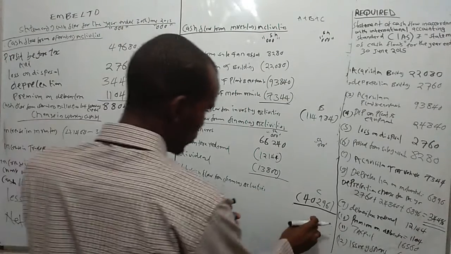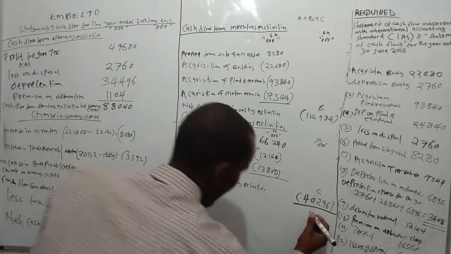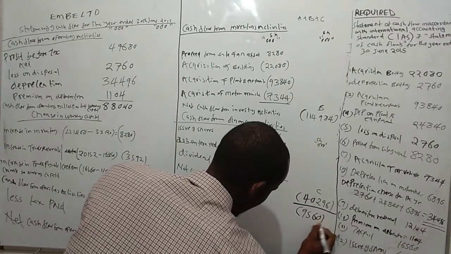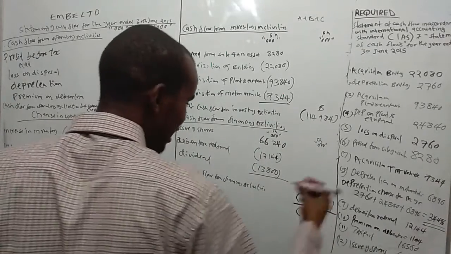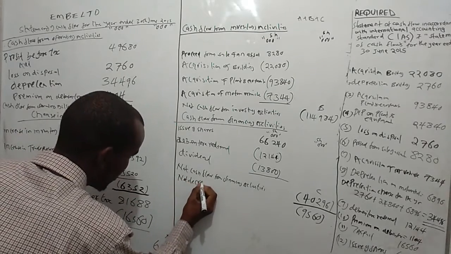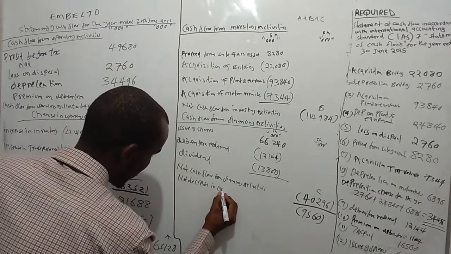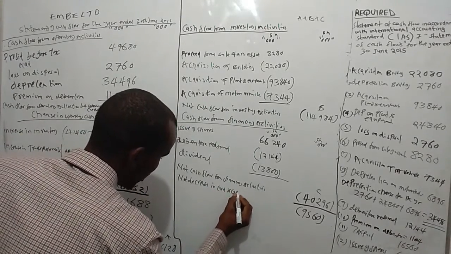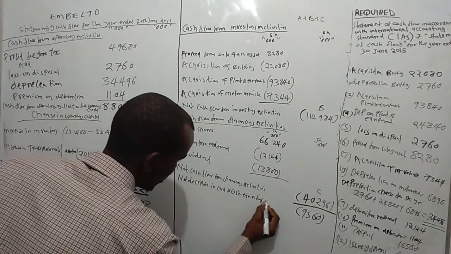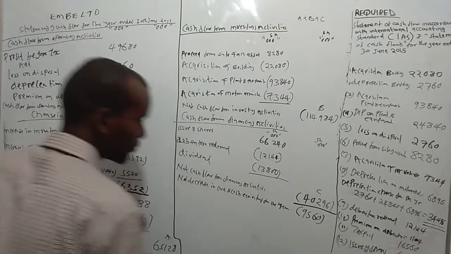I also add C, which is 40,296. I'm getting minus 9,560. Since this is negative, it will be a net decrease. So we say net decrease in cash and cash equivalent for the year.